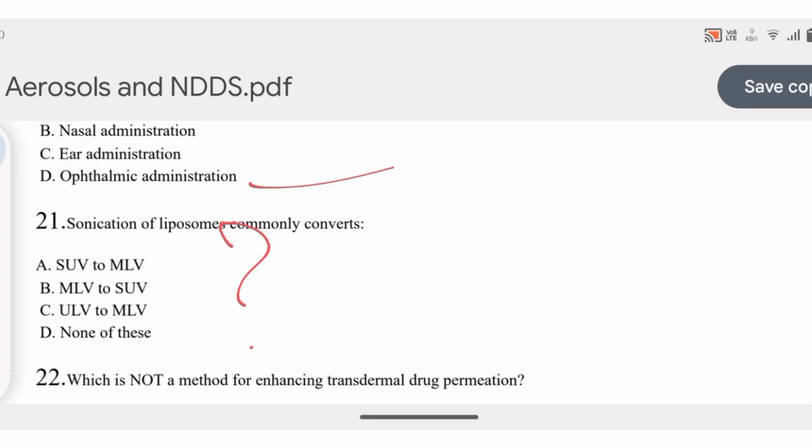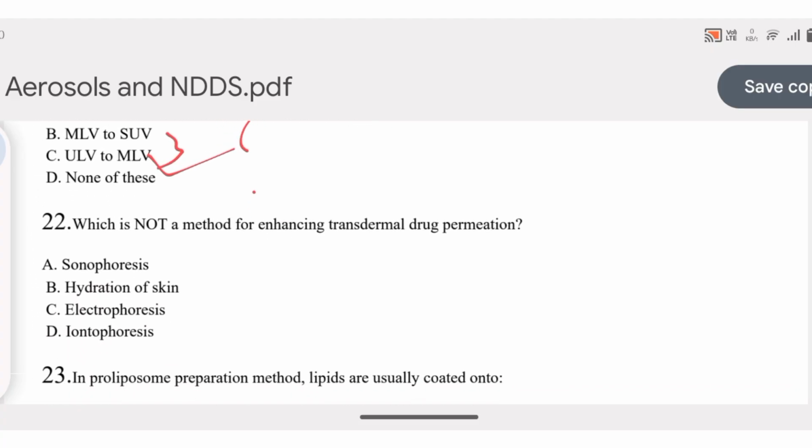Next question, which is not a method for enhancing transdermal drug penetration, permeation. It says not. Yes, the right answer is electrophoresis, because electrophoresis is not standard for the transdermal drug delivery system.